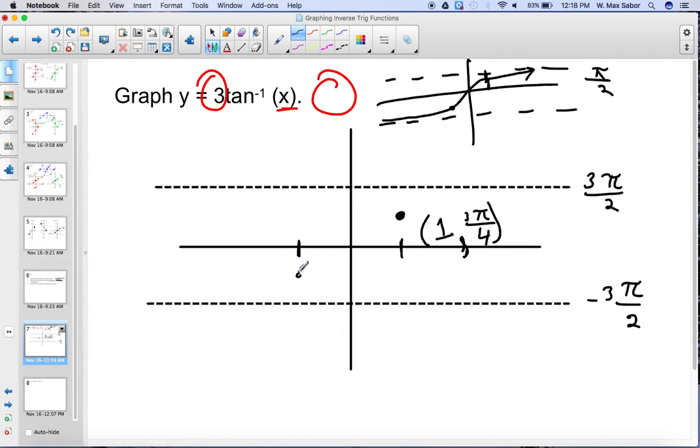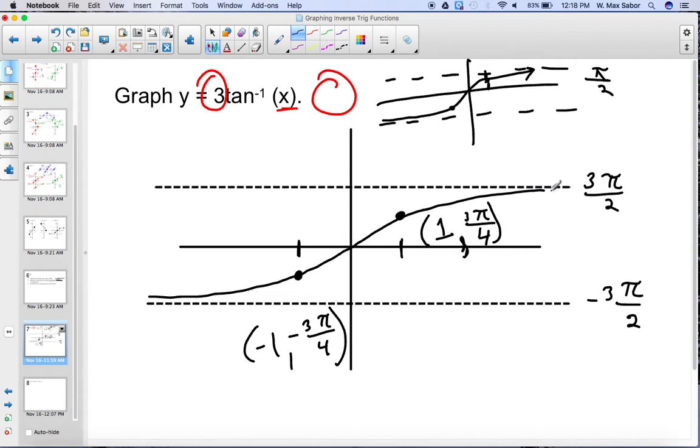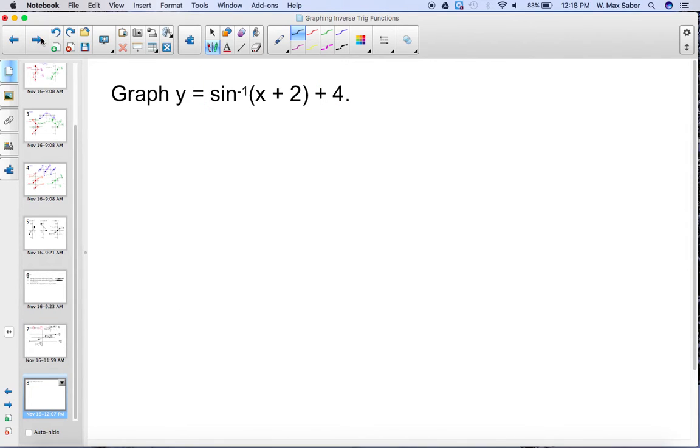We have negative 1 as our x-coordinate here, and negative 3 pi over 4 as our y-coordinate. Then all we have to do is connect the dots. And there is our expanded vertically inverse tangent function.